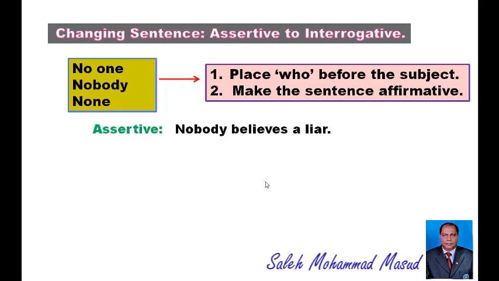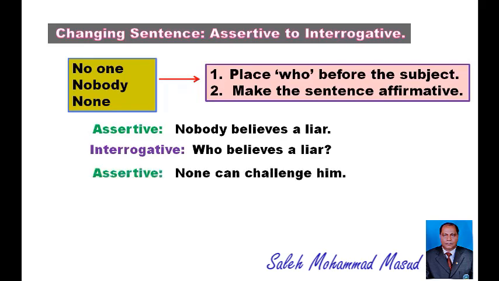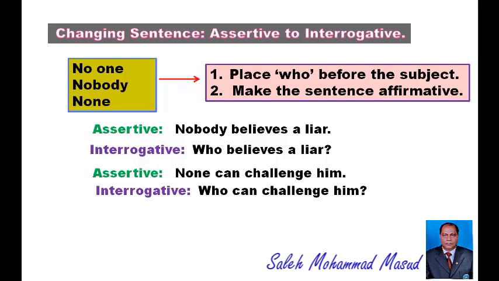Assertive: nobody believes a liar. Interrogative would be, who believes a liar? Next, no one can challenge him. Who can challenge him?